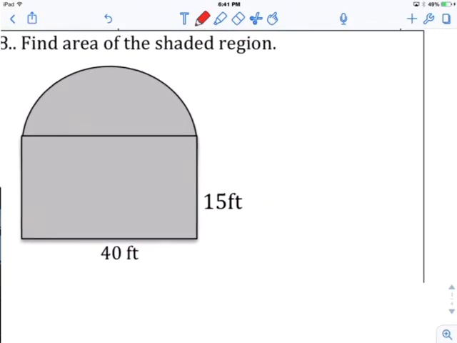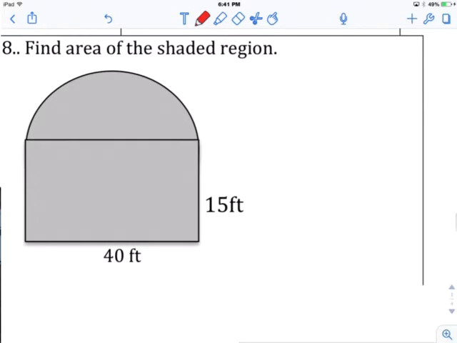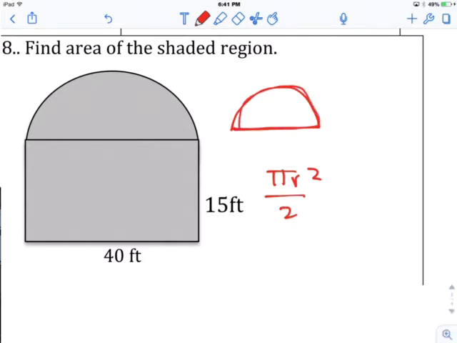Okay. This one, same thing. It's just now half a circle, which is pi r squared divided by 2. The reason why it's divided by 2, because it's half and not a whole circle. Okay, radius. Radius is 20.